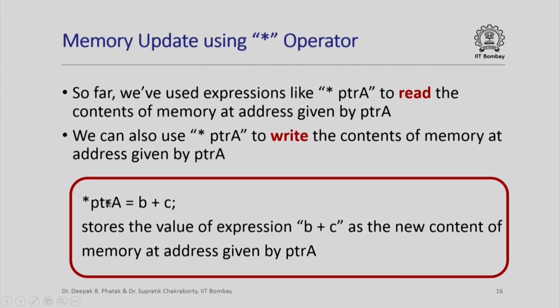So if I have a C++ assignment statement like this, star pointer a is assigned b plus c, what this is going to do is it is going to calculate the value of the expression b plus c, and it is going to store that value as the new content of the memory at the address given by pointer a. So this is basically saying update the contents of the memory at the address given by pointer a to the value of b plus c.